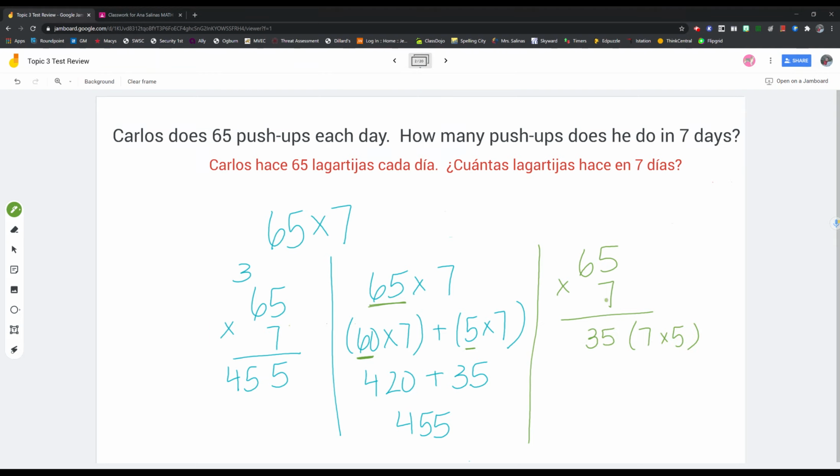And then we would multiply the 7 again times the 6, but the 6 is in the tens place, which means it has a value of 60. So 7 times 60 is 420. You add these up, and you get 455. You can choose whichever way is easiest for you to multiply. I'm not going to be doing each multiplication method on each problem. I just wanted to show you on this first one the different ways you can multiply.